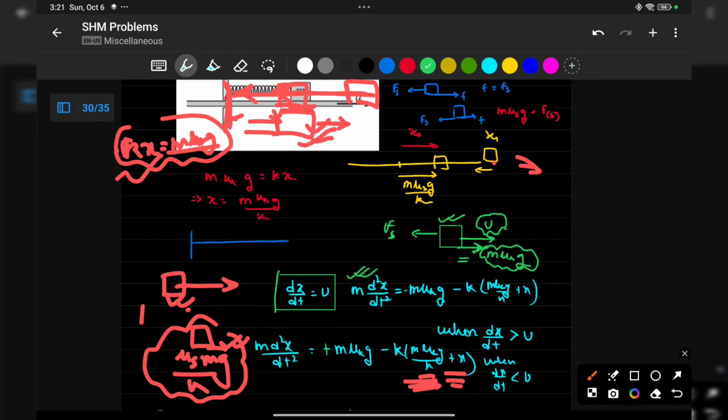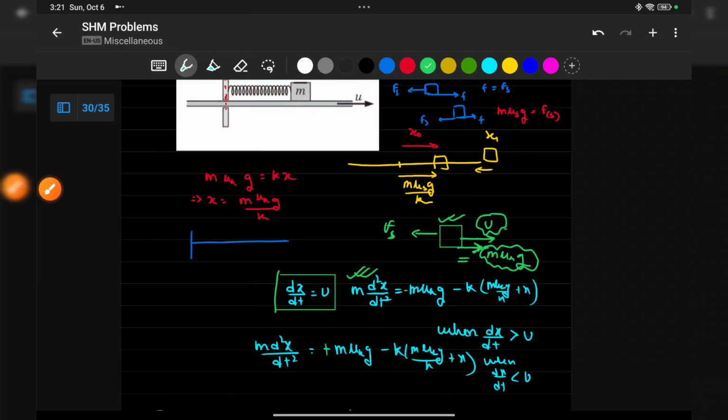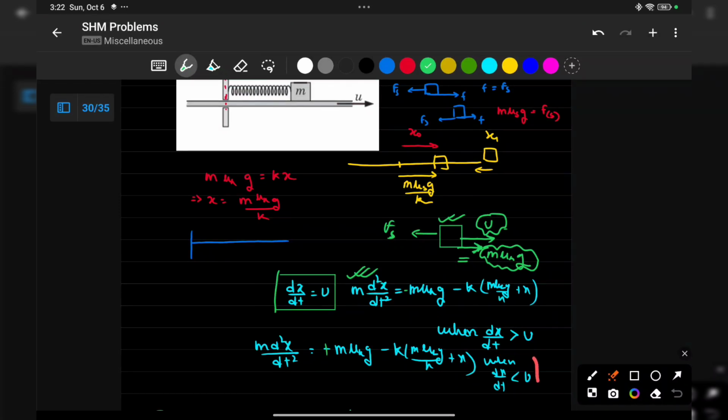Understood? Okay. So the next thing: m d²x/dt² is equal to μk mg minus k into (μk mg by k plus x). But there is a caution when dx/dt is less than u. Of course, that is correct. Why is this correct?